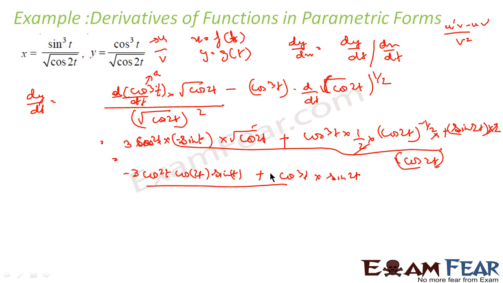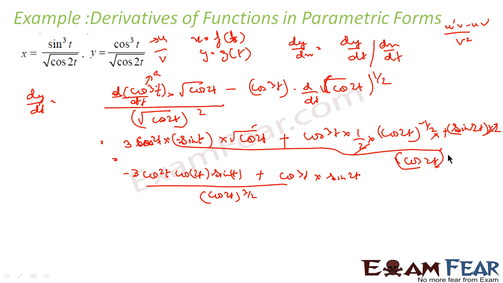And the whole thing, since there is a division here by cos 2t into this, becomes cos 2t to the power 3 by 2. Why? Because this is 1 by 2 and 1 plus 1 by 2 is 3 by 2. That's what you get. That is dy by dt.